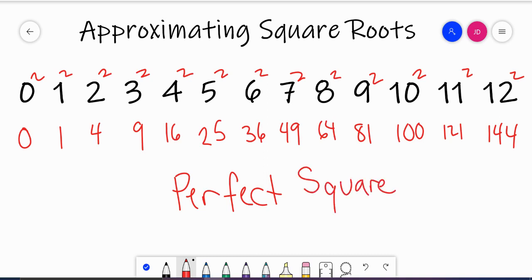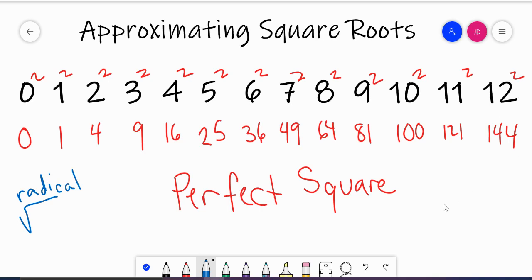So basically, the opposite of squaring a number would be square rooting. So you'll see a little symbol that looks like this, right? The square root sign. This is also called a radical, in case you see another terminology. You might hear me say square root, and you might hear me say radical. So that's the radical symbol.